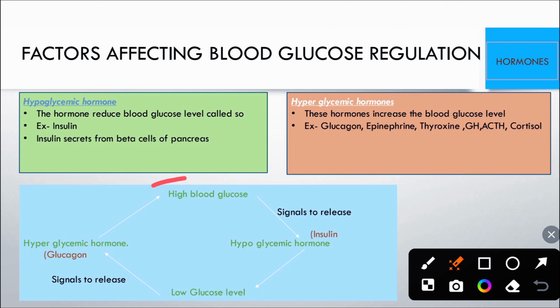In case of high glucose level in the body, that signals the release of the hypoglycemic hormone, insulin, which reduces the glucose level in our body. In case of low glucose level, the body signals the release of the hyperglycemic hormone, glucagon, to increase the glucose level in our body. Here is the balance of the glucose level by the hormones in our body.